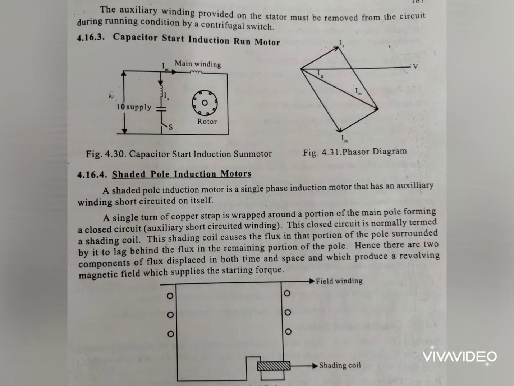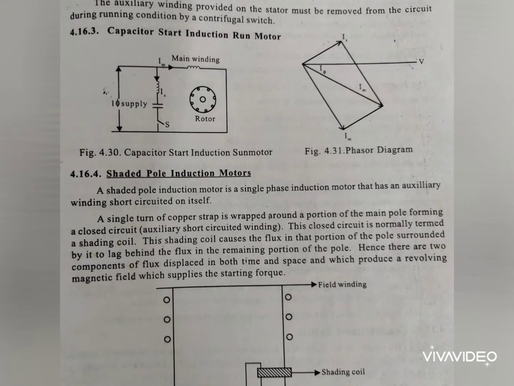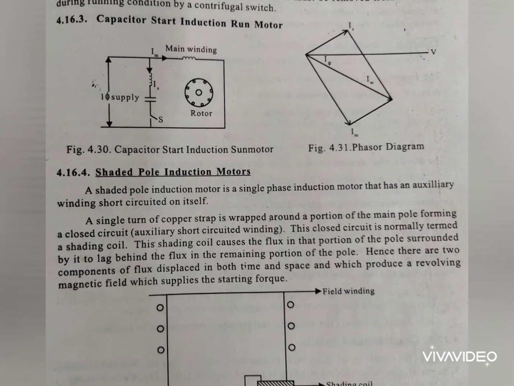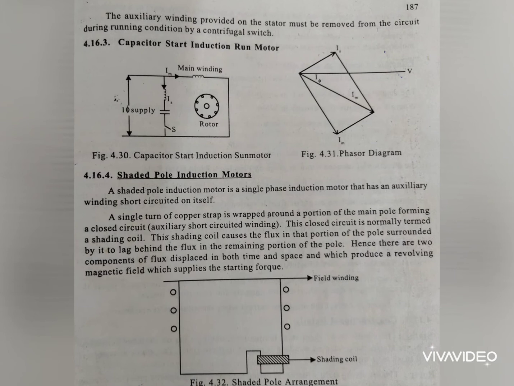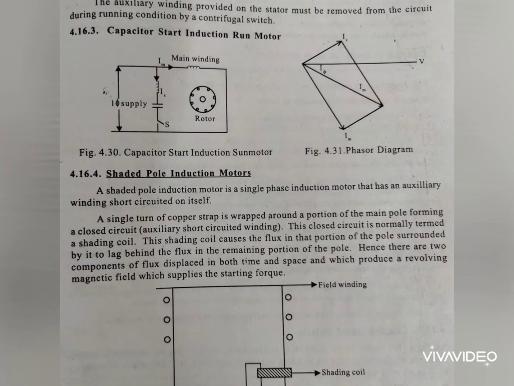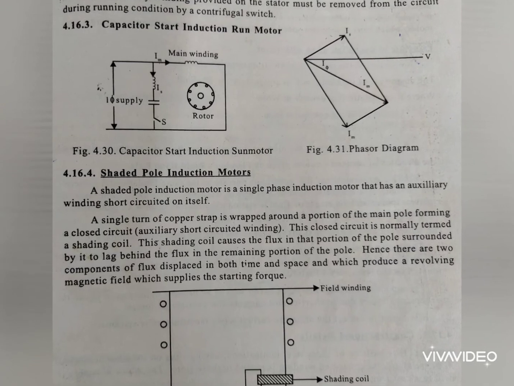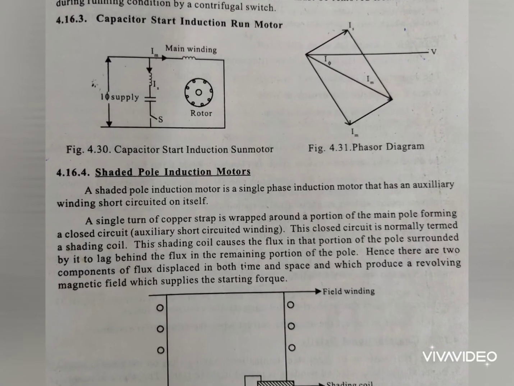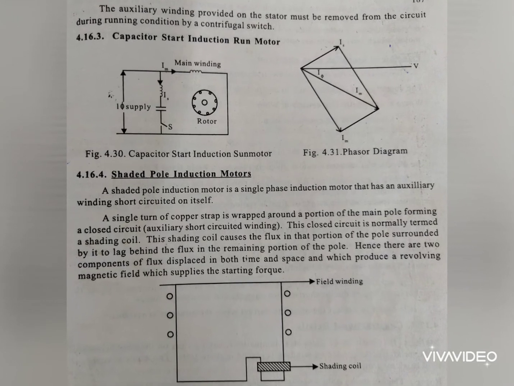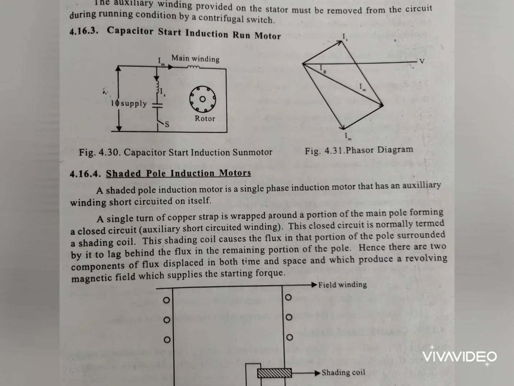Then third one is the shaded pole induction motor. So a shaded pole induction motor is a single phase induction motor that has an auxiliary winding short circuited on itself. A single turn of copper strap is wrapped around a portion of a main pole forming a closed circuit. That is called auxiliary short circuited winding.